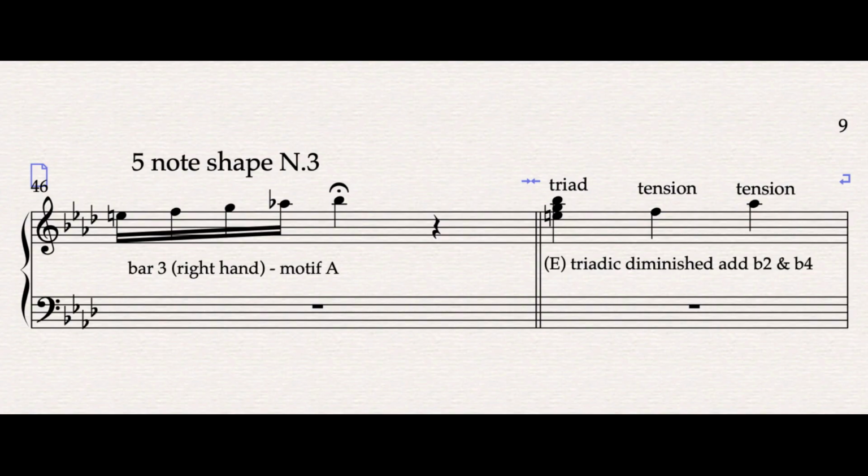Now let's move on to bar number 3, in which we find, oh, surprise! We find that the motif A in bar 3 is actually a 5-note shape. It's going to be our 5-note shape number 3.